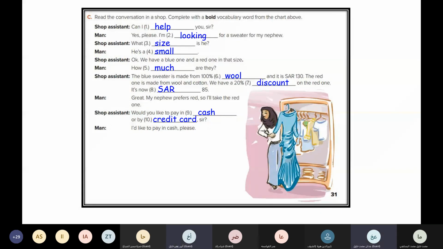Okay, we have a blue one and a red one in that size. How much are they? The blue sweater is made from 100% wool and it is 130 riyals. The red one is made from wool and cotton. We have a 20% discount on the red one. It's now 85 riyals. Great. My nephew prefers red, so I will take the red one. Would you like to pay in cash or by credit card, sir? I would like to pay in cash, please.